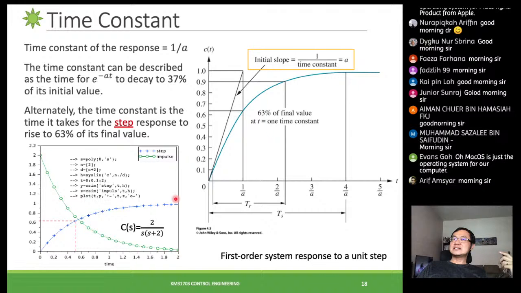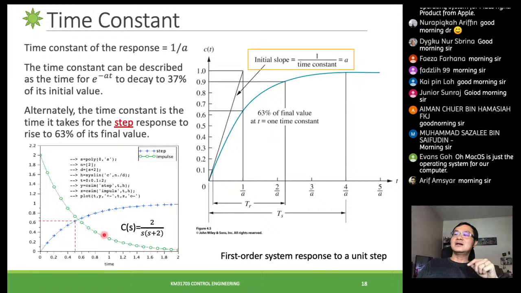And you can see that if I'm using an impulse signal, then you will get the green one. Immediately you know that something is wrong, right? Because you are putting the wrong input. You can see that when the input is different, the characteristic is different, right? So for this case, our characteristic is the blue one.